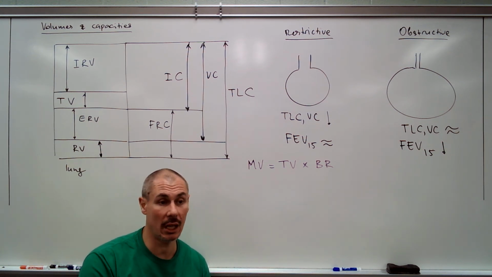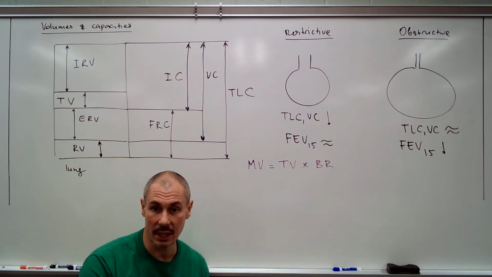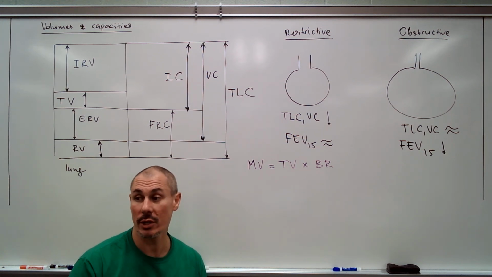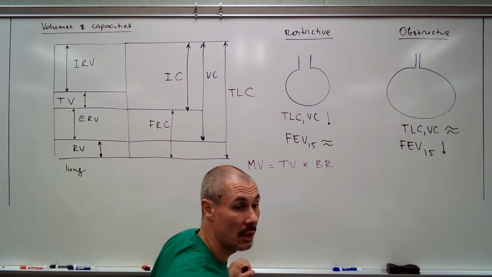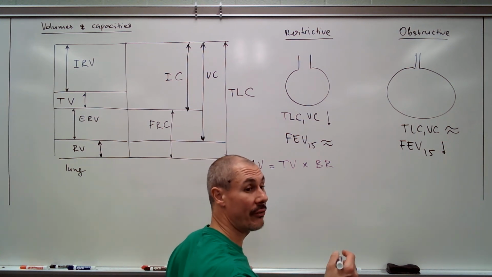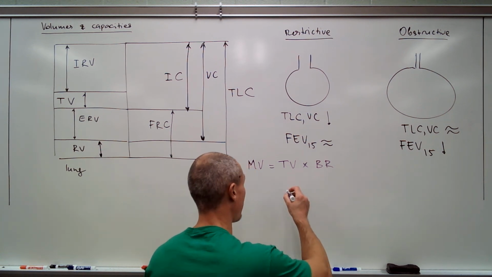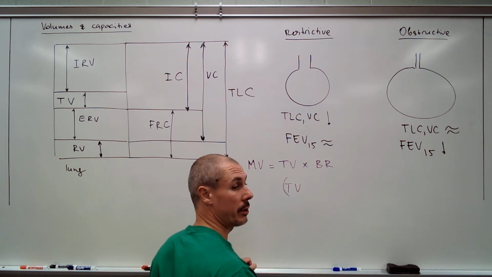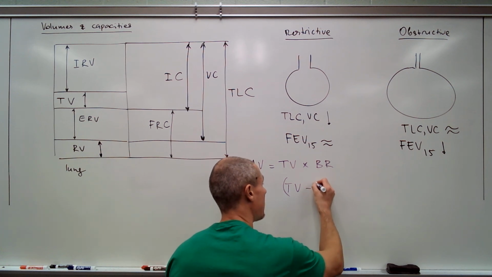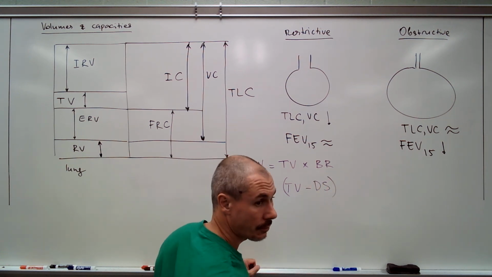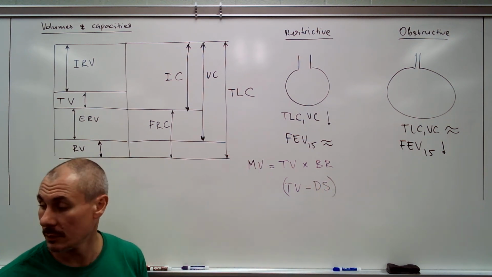Generally speaking, in the healthy adult, we can neglect physiological dead space and talk about anatomical dead space. So at the end of the day, the actual amount of air that reaches alveoli with each breath will be tidal volume minus dead space. Are we clear?